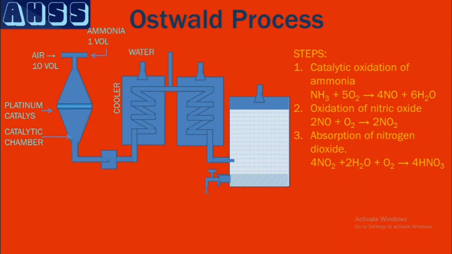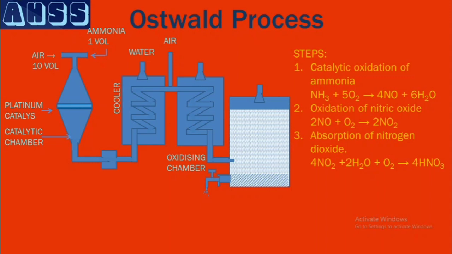In the cooling chamber, it is cooled to 50 degrees Celsius, and again it is mixed with air. You can see here there is an inlet of air, so it is mixed with air and transferred to another chamber known as the oxidizing chamber.